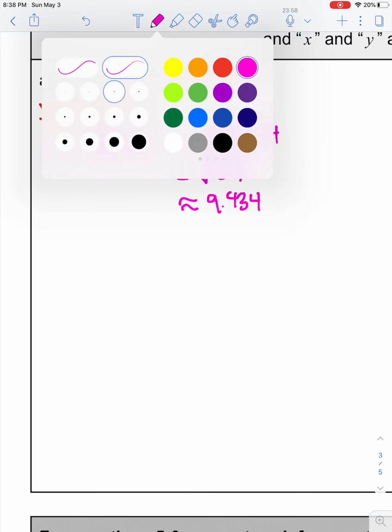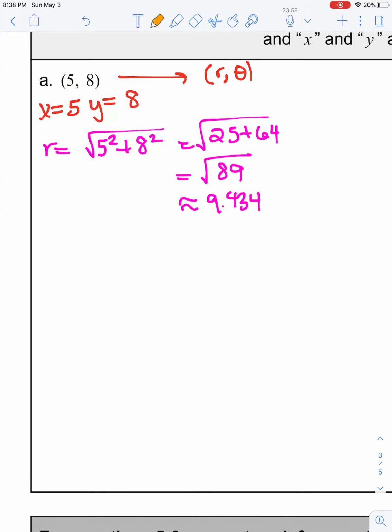The next piece of this is to determine our theta value. We were told that theta can be calculated by using this equation, tangent inverse of x over y. A couple key points here: if you use a calculator, you need to make sure that it is in degree mode.